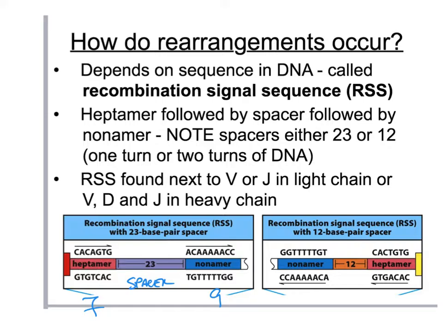And over here, this is another RSS. Notice it has a heptamer and a nonamer, and the spacer over here is 12. So there's a rule, the 23-12 rule. The spacers can only be 23 or 12. Tell me something you know about DNA. Anything. It's double-stranded.